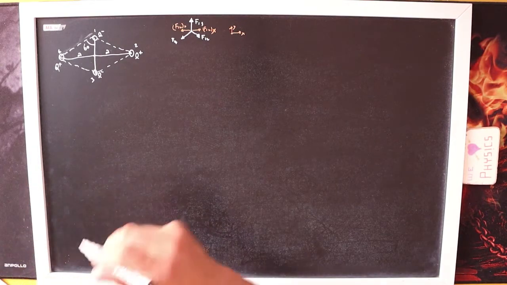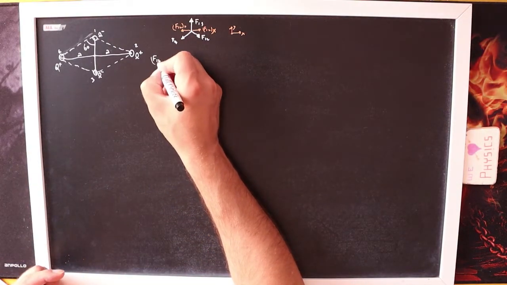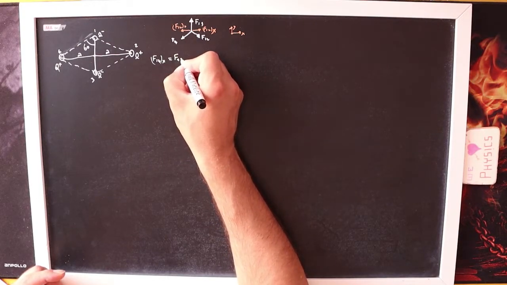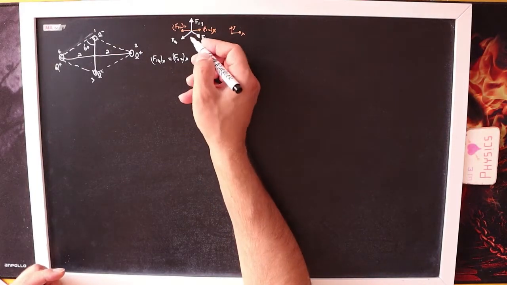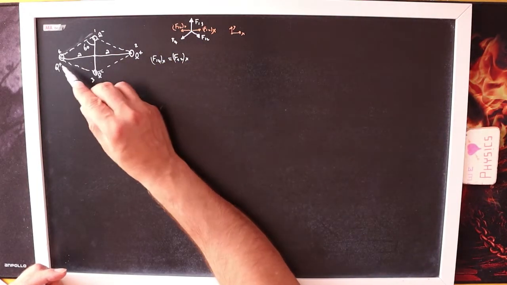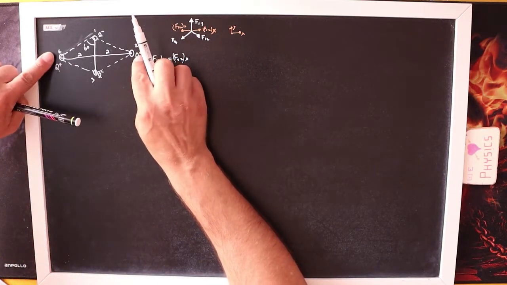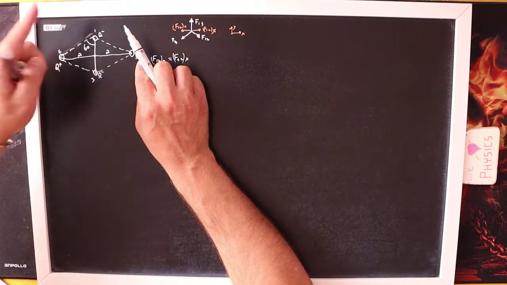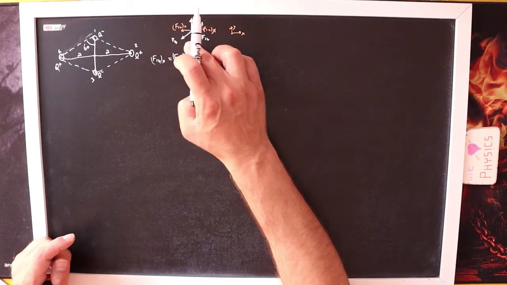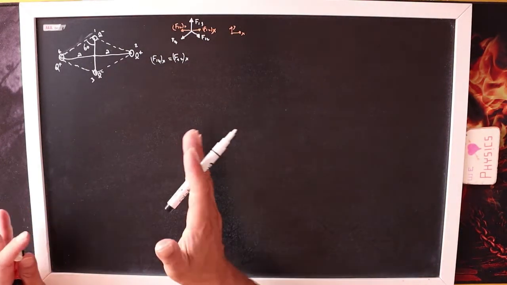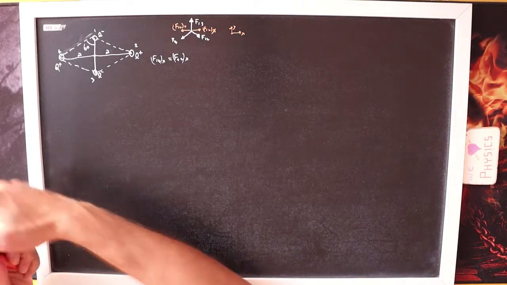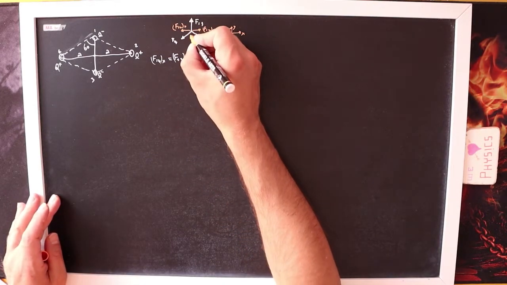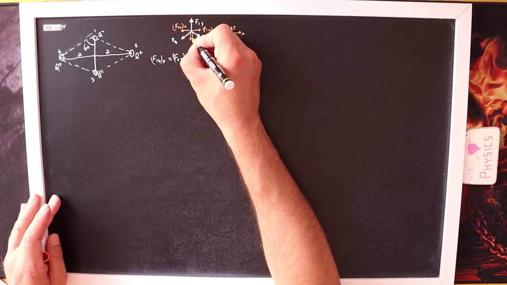So we can write that F14 along x is equal to F12 along x, because these two charges in 4 and 2 have the same value, Q plus, and this charge is Q minus. So these two forces, F14 and F12, are actually the same, but in different direction. If these two cancel each other, we are left with the vertical component.